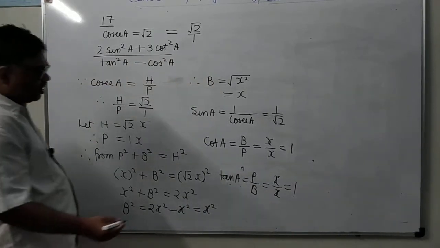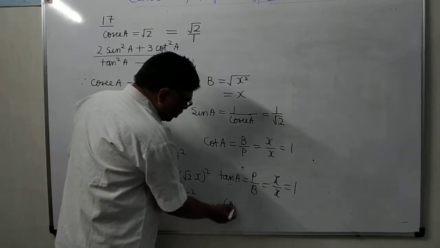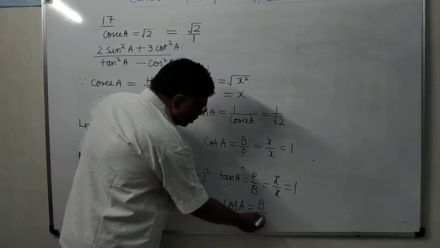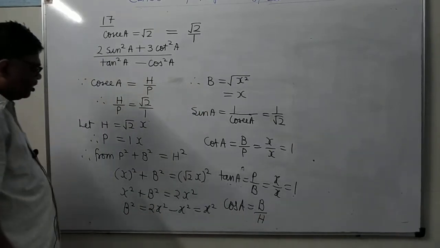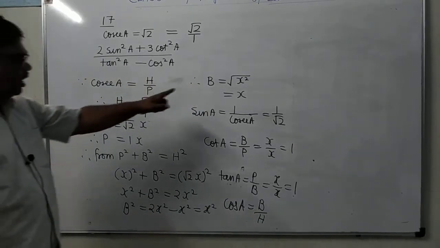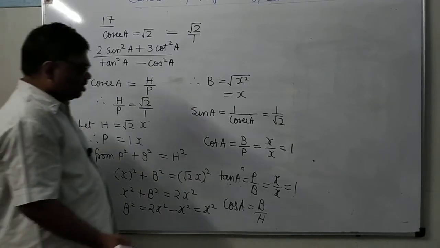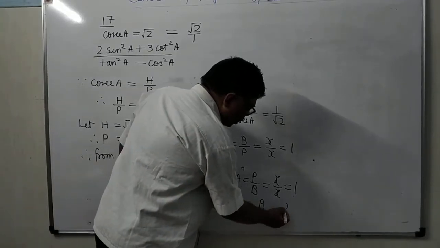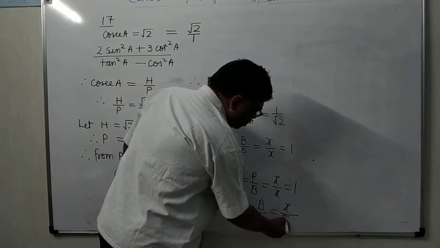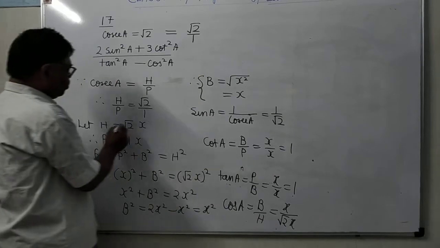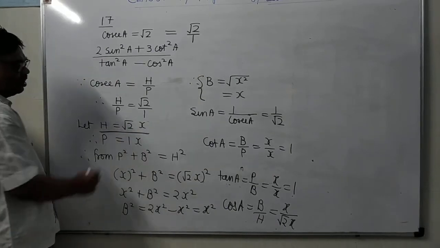Then cos A. What will be cos A? It is base upon hypotenuse. Base is x, and hypotenuse is root 2x. So it will be equal to x upon root 2x. It's clear?